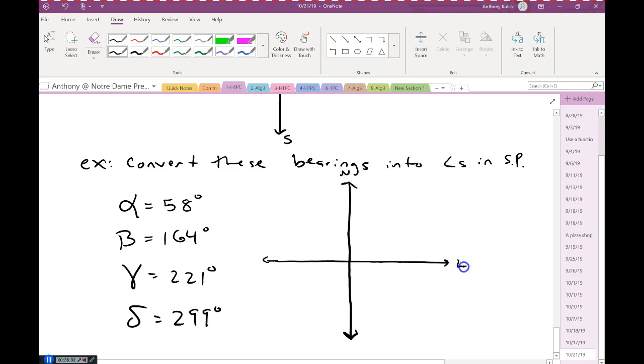Hopefully this is going to be big enough for what we want to do. So 58 degrees, we're starting at north, and we're going, say, 58 degrees to get here.